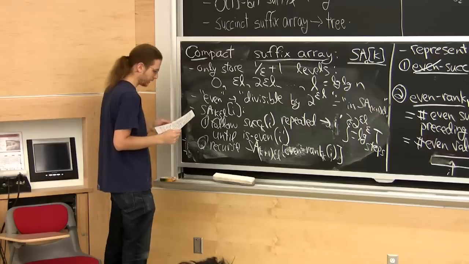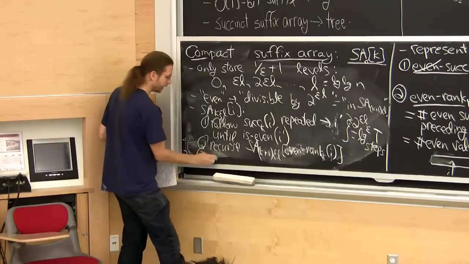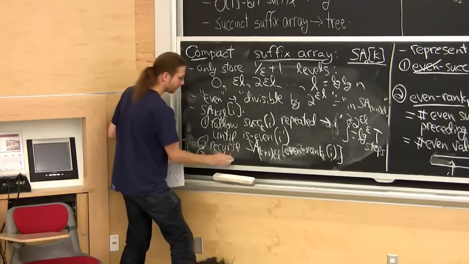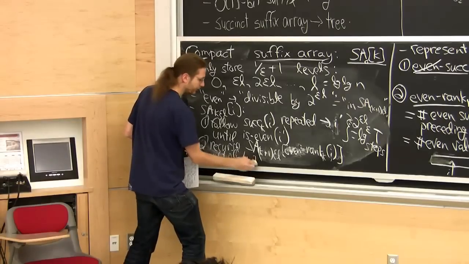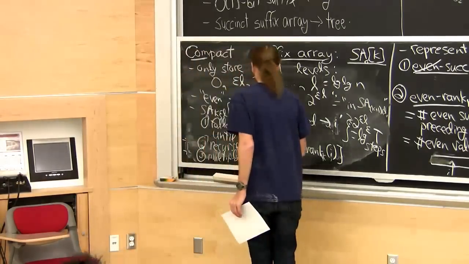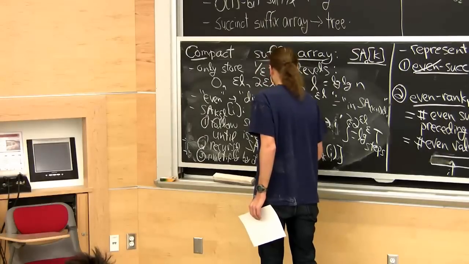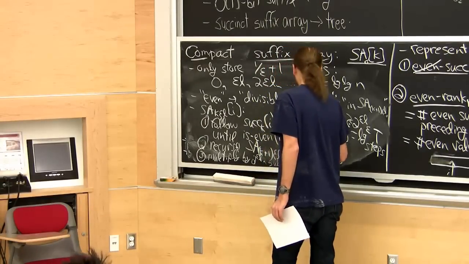Cool. And then we multiply by 2 to the epsilon L, and then subtract the number of steps we did in 1.